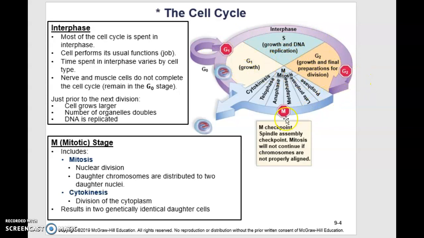And then you will also see in blue down here is the mitotic stage of the cell cycle. So the cell cycle is going to be interphase and then the mitotic phase. Now, mitotic phase is division. This is one cell becoming two cells. So the first part is called mitosis, and that's going to be all of these steps here. Prophase, this one breaks it into late prophase, but we're just going to deal with prophase, metaphase, anaphase, telophase.